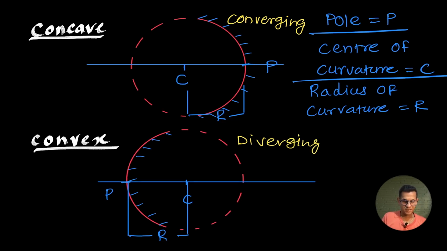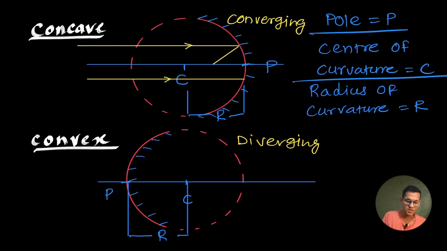If I pass light rays parallel to the principal axis of a concave mirror, let's say we are passing light rays parallel to the principal axis like this, and they are traveling in this direction, after reflection they will converge at a point on the principal axis. This point where they meet after reflection is called the focus or principal focus, given by capital letter F.